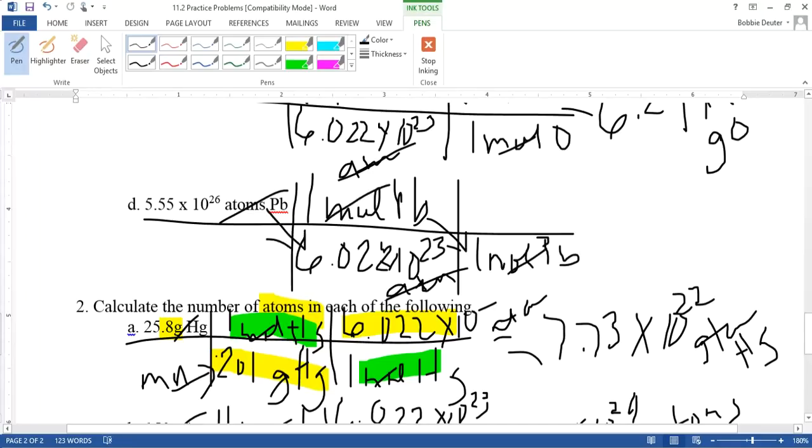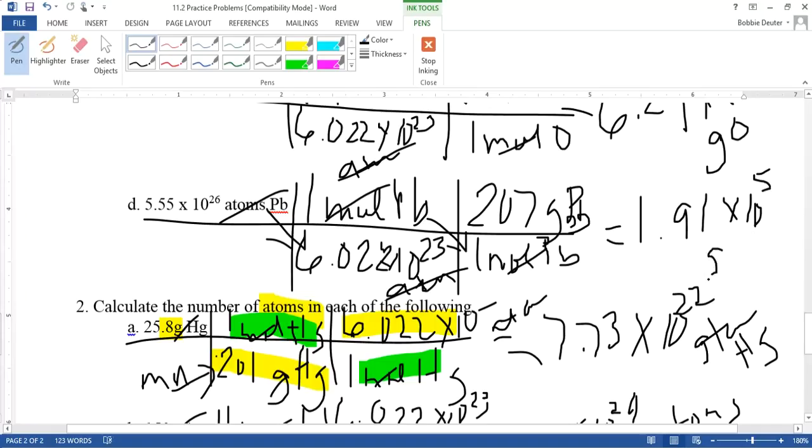And then we're going to look at our periodic table, find our average atomic mass. You're going to see it's 207 grams of Pb. Multiply the top using parentheses. I cannot stress that enough. You'll get the wrong number every time if you don't. But you get 1.91 times 10 to the 5th grams of lead.